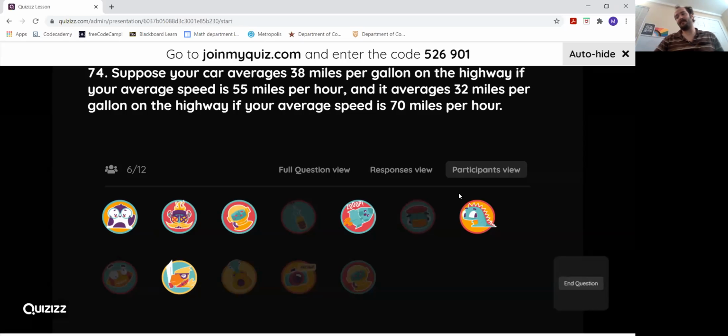Should be 2,000. We're multiplying by 2.55. We're dividing by 32. Now we're going 32 miles to the gallon.